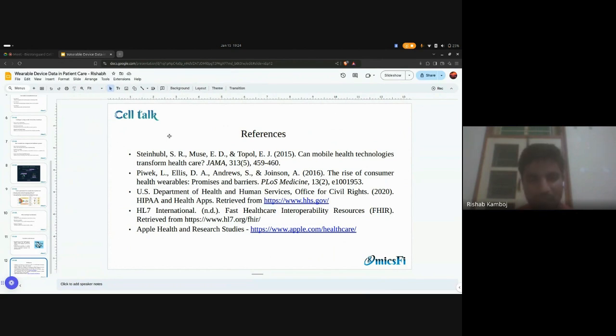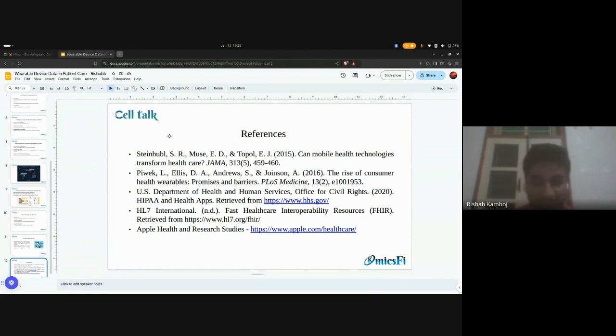That's the main drawback, because the data that we get is mostly from rich people or the upper middle class. For that, we can only make the devices much more affordable. That can be an option, to make them accessible to all people.